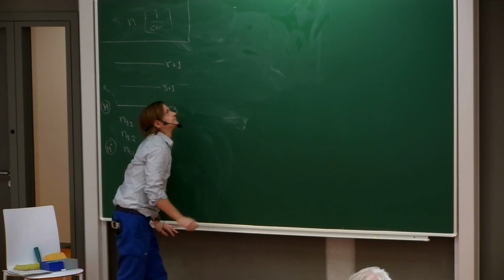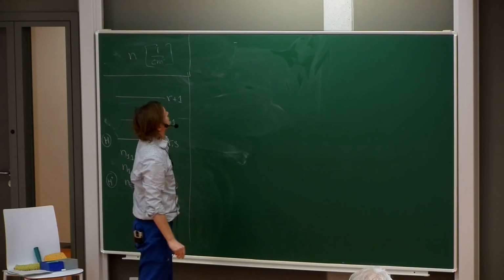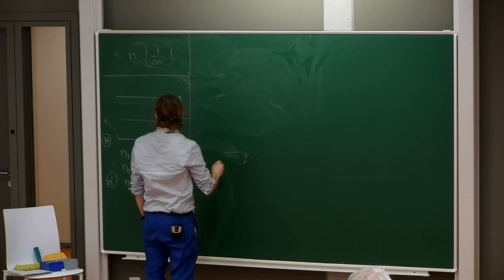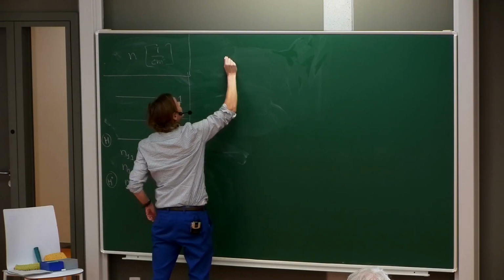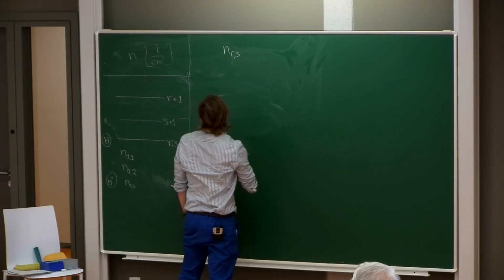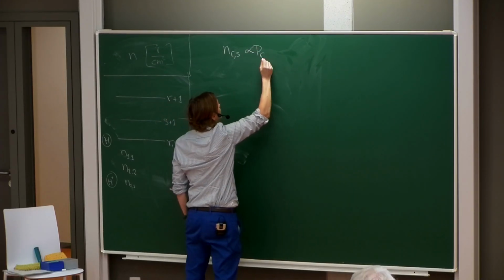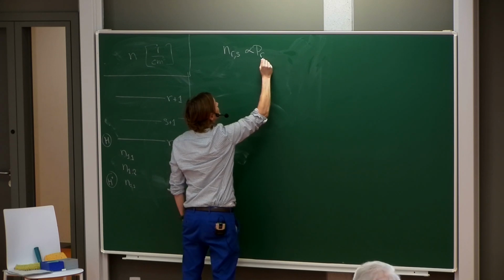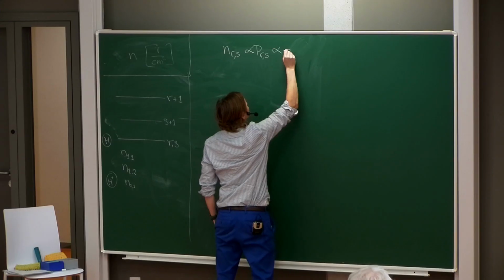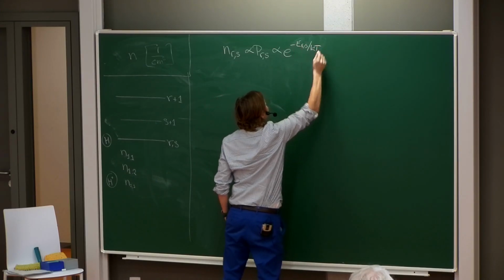Now, the equilibrium Boltzmann distribution, which we've actually used in one of the lectures before as well, says that for any given state RS, the occupation number is proportional to the probability of finding the atom, the molecule, in that state, and that is proportional to e to the minus the energy divided by kT.